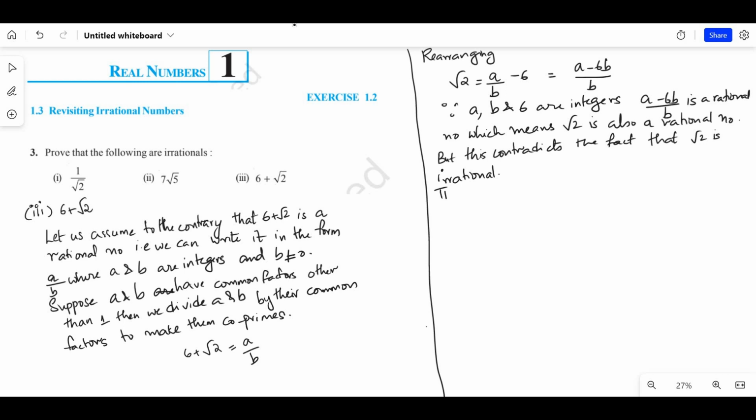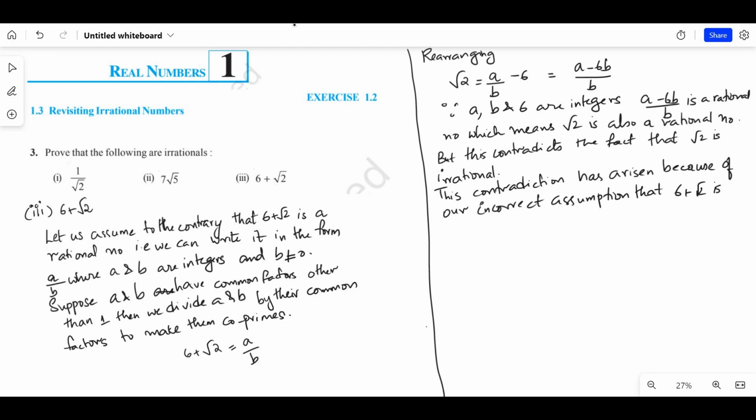So this contradiction has arisen because of our incorrect assumption that 6 plus root 2 is a rational number.